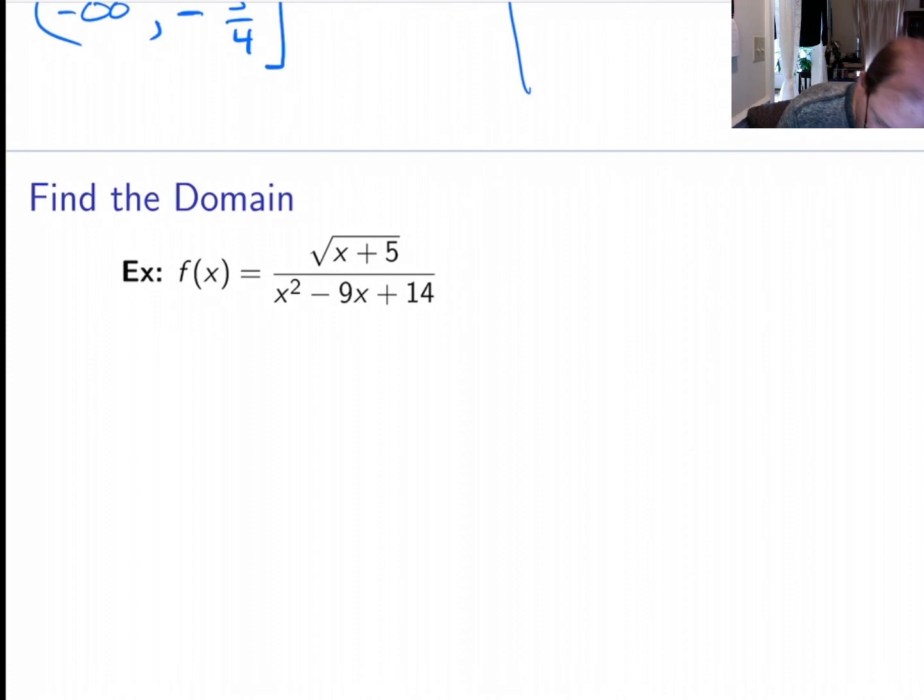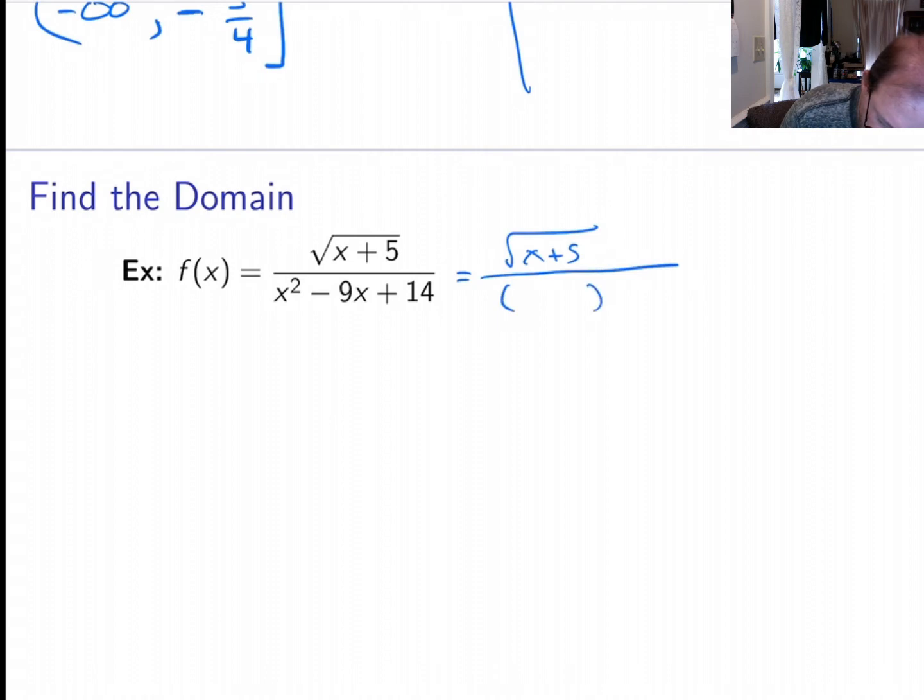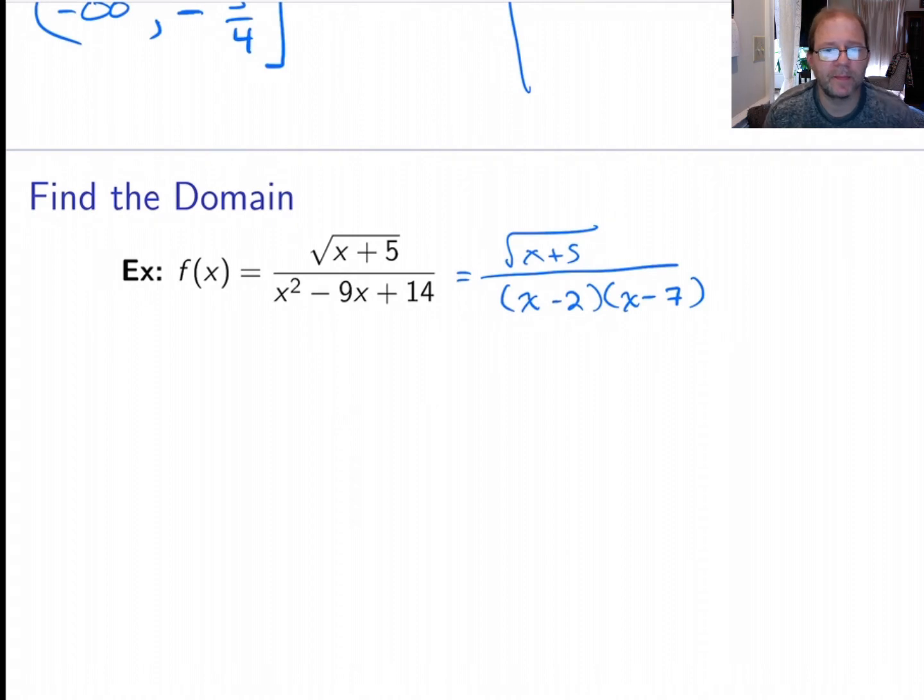Now this one, I can factor the bottom into, let's see, 2 and 7. If I make both of them negative, yeah. So x minus 2 and x minus 7. So this tells us that I have to throw away 2 and 7.